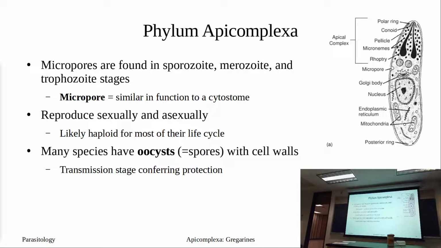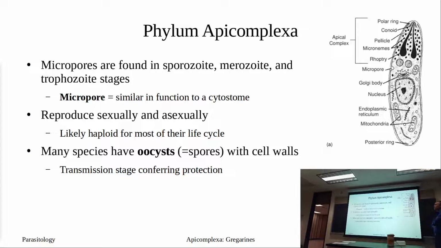If we have sexual reproduction, we're going to have the fusion of gametes to double our chromosome number, and then we're going to have some form of chromosomal reduction, meaning meiosis. It's likely that most of the life cycles involve haploid individuals, and then the diploid stage is just a very brief time point where you have fusion of gametes. You can have recombination occurring, producing increased diversity, and then meiosis happens fairly quickly after that. All of that recombination occurs during meiosis.